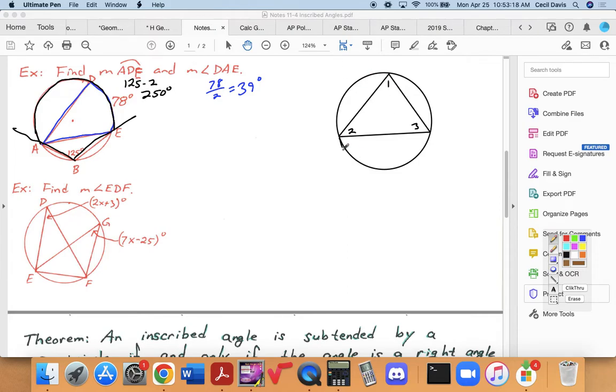Angle 1 intercepts this arc. Angle 2 intercepts this arc. Angle 3 intercepts this arc. What do those arcs add up to? 360. And 180 is half of 360. You like that one better than the other one? Okay, so it's got to work out that way.